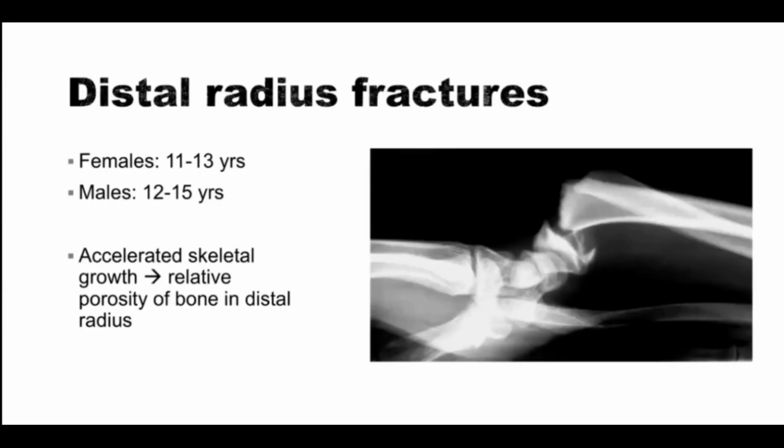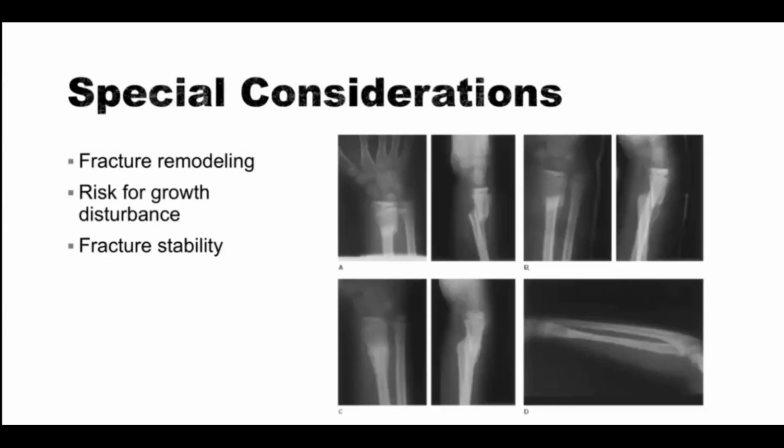Distal radius fractures often occur in a little bit older patients, and they have an excellent propensity to heal. Again, because this is close to the physis, and this is the physis that grows a lot, they have a lot of potential for remodeling.